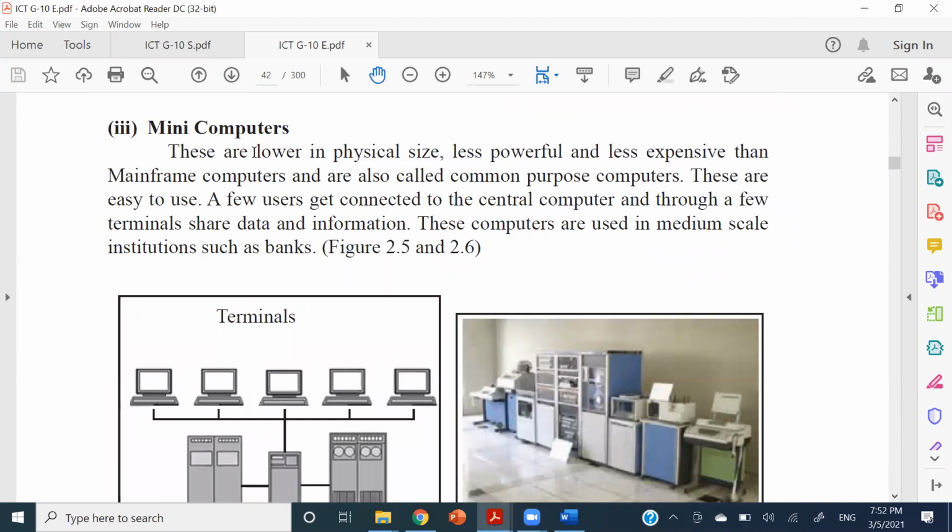And you are going to copy this particular sentence, only the highlighted part: lower in physical size, less powerful, less expensive than mainframe computers.